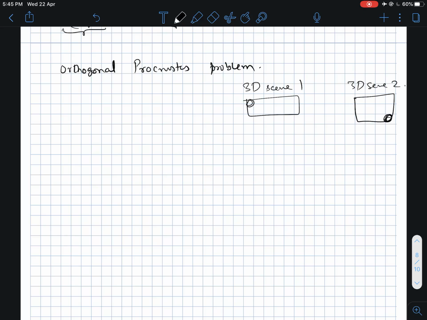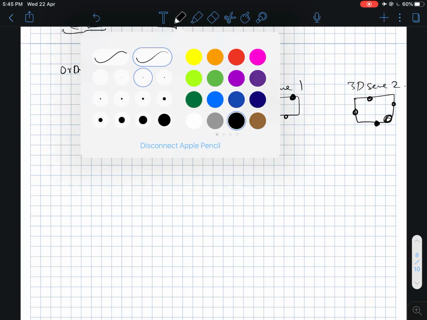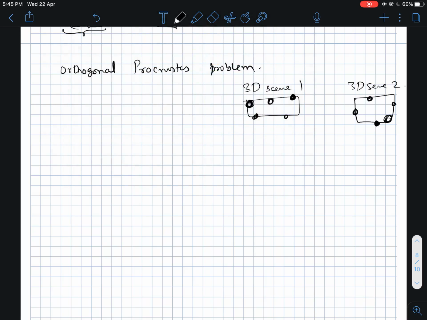So essentially each point on this scene is some vector of 3 coordinates, because it's a 3D scene, and here each point is also another 3 coordinates. Now, suppose I know the mapping, meaning that this point in scene 1 corresponds to this point in scene 2.